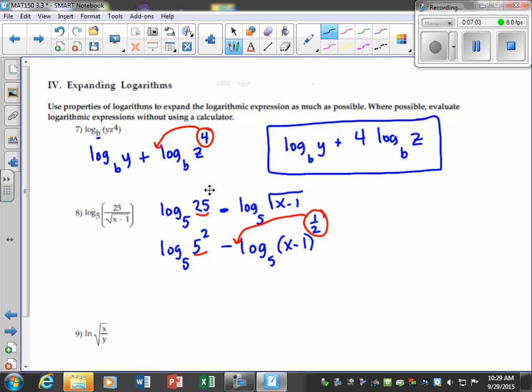What happens when this matches this? The whole logarithm simplifies to the exponent, so we get 2 minus, and then over here we use our power rule to move that 1/2 out front, and this is going to be our final expansion.